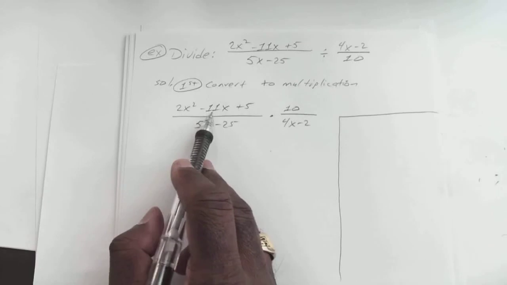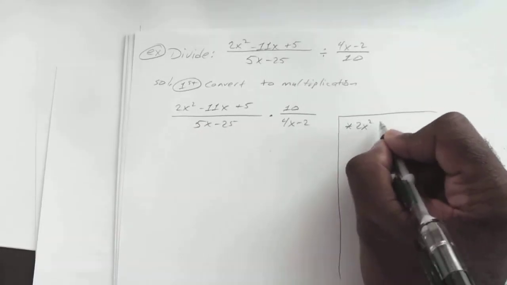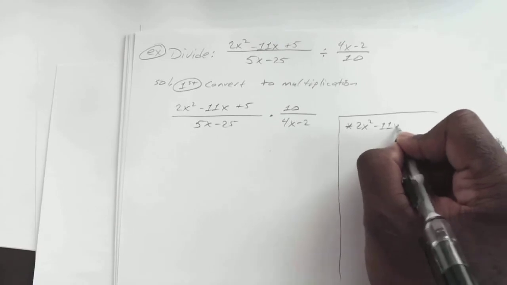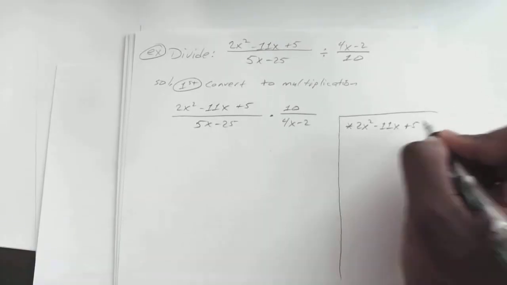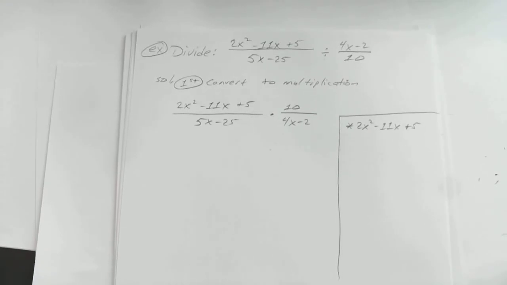So 2x squared minus 11x plus 5. Okay. It's not a perfect square trinomial, so we're going to have to use the a times c method.